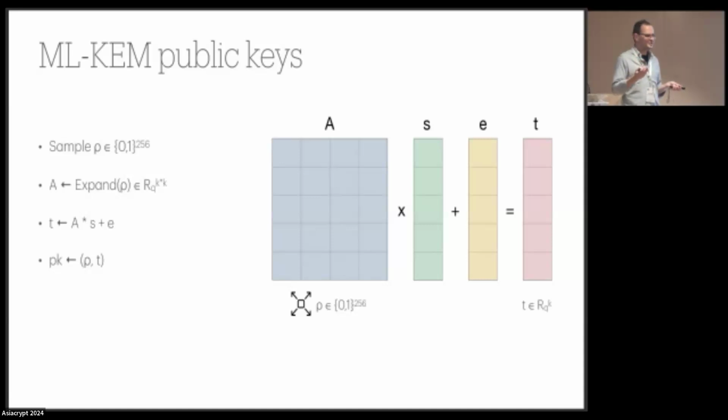And therefore, the public key becomes a small seed with, for instance, 256 bits plus a group element T.